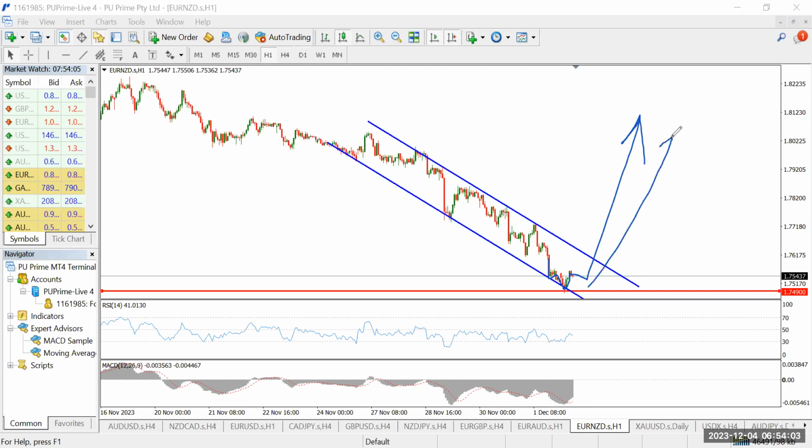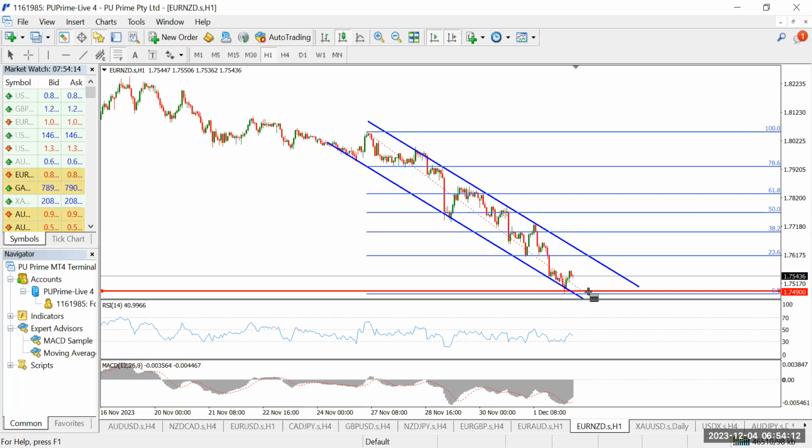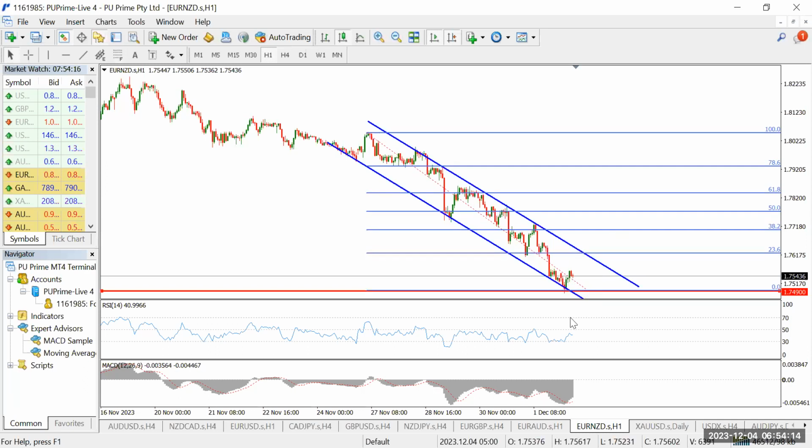Or if that doesn't work out, I still expect an outright bullish breakout, and I can use my Fibonacci as a profit-taking level for this one likewise. So I expect price to go in this bullish direction, hitting Fibonacci 38.2, 50, 61.8, or 78.6.